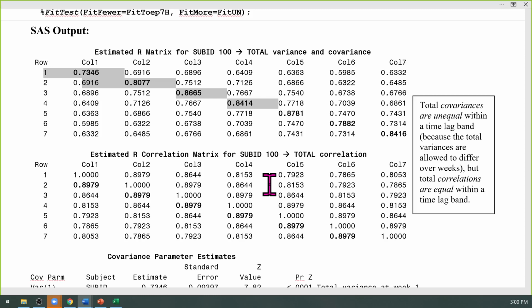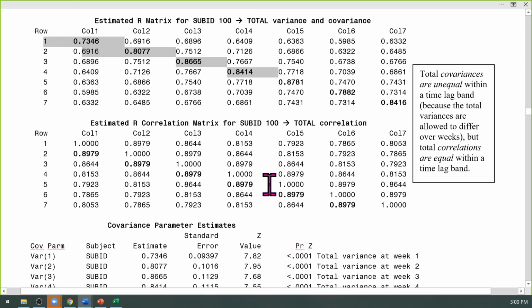So I can ask 2 questions basically about this model. Did adding different variances for each occasion help? Like, am I heading in the right direction? And then, are we there yet? Did it help enough to get me into not worse than unstructured?